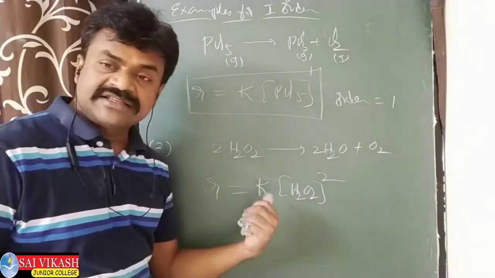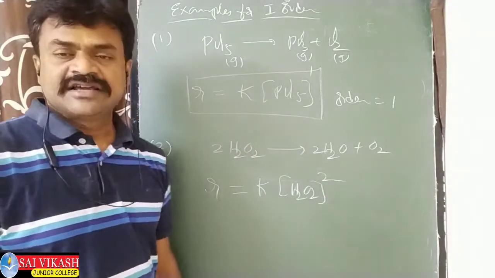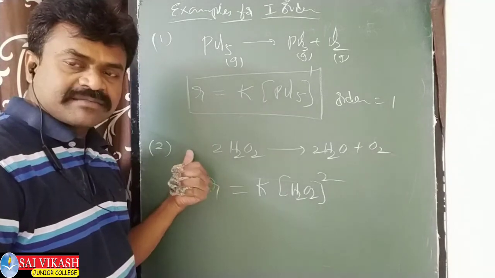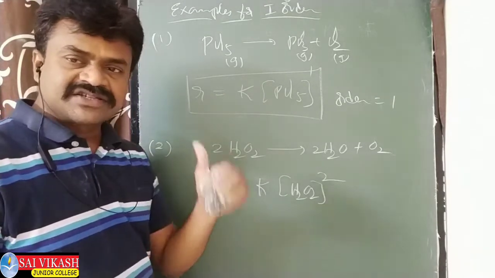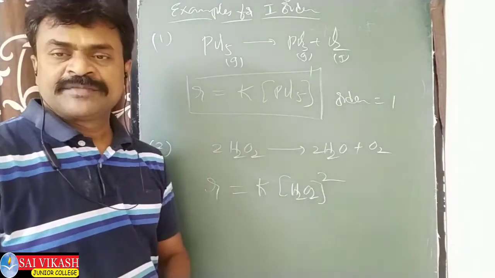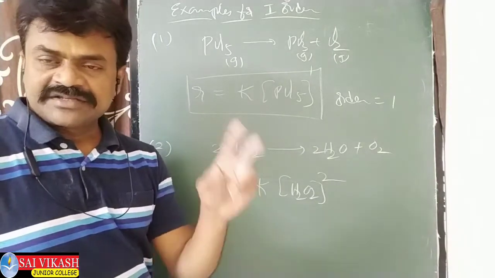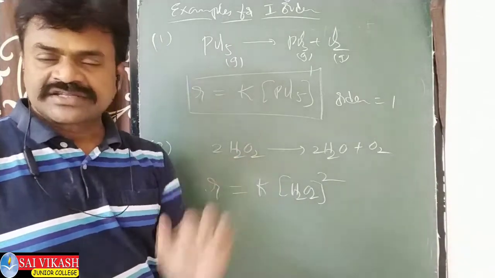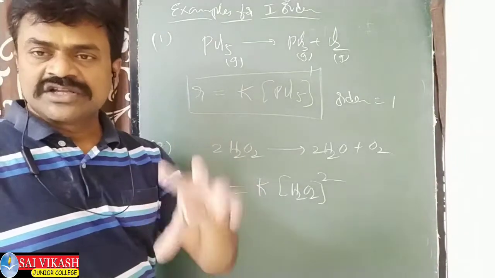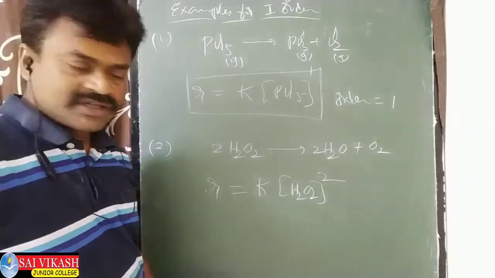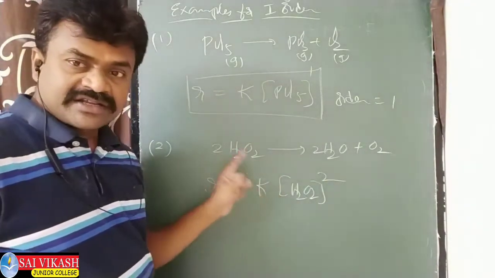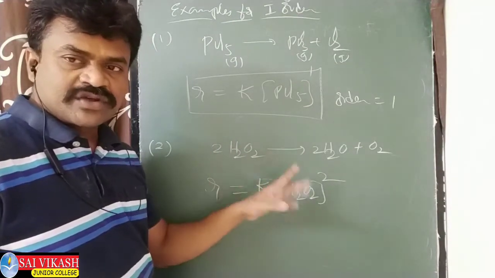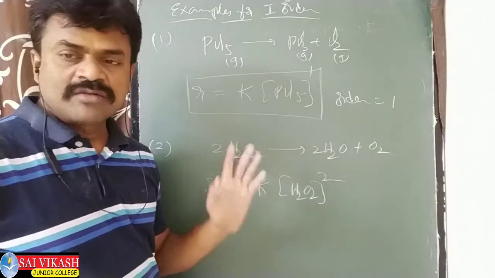If you write like this, you are making a mistake. Because here more than one mole is there, there is a chance of multiple steps. If multiple steps are there, one of them must be the slowest step, and the rate equation is written for that step only. Directly writing by considering this as the slowest step is a wrong process.